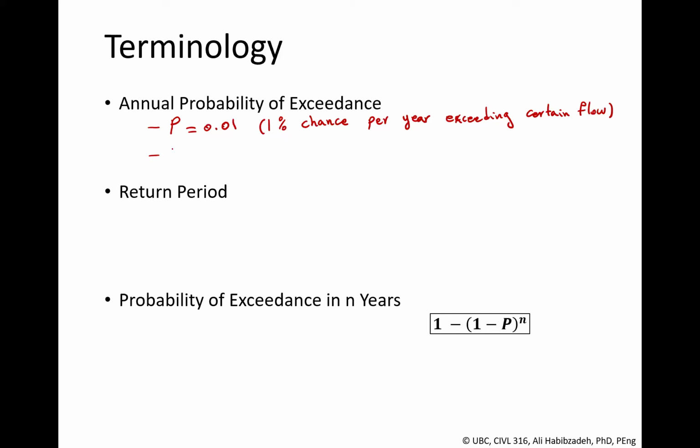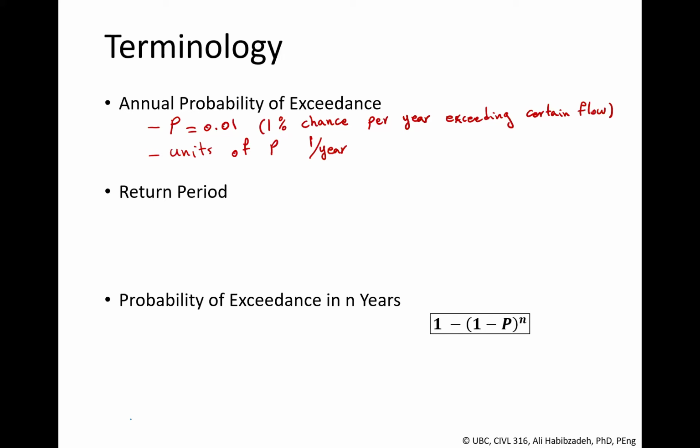The units of P are 1 over year. So, in simple words, it means what are the chances of flow in this river to be higher than whatever magnitude, 10 CMS, 10,000 CMS, whatever the size is.